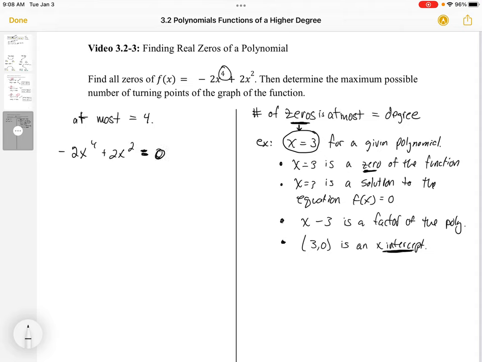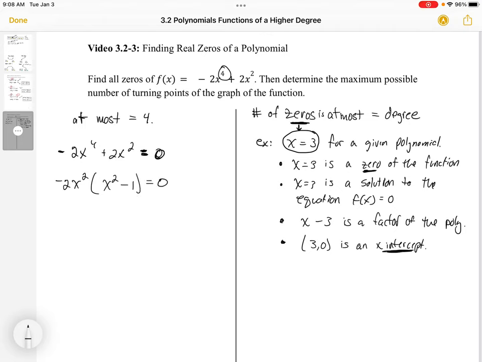Now I'm going to solve this by factoring. I can see that both of these terms have a 2 in common. I'm going to take the negative 2 out because the leading term is negative. I just like to incorporate that negative with the leading term. So now if I divide everything by negative 2x squared, I'm left with x squared minus 1.